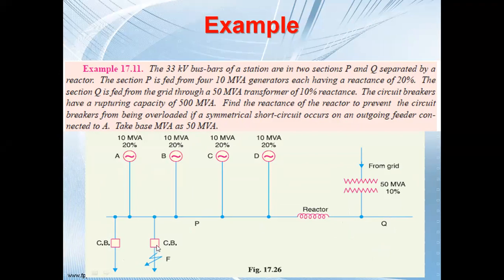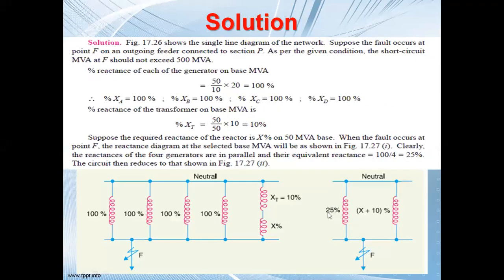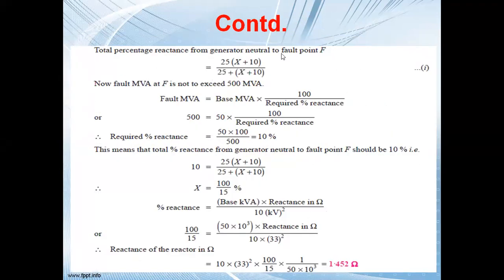That 500 MVA is the short circuit capacity, so this is the fault MVA. Base MVA we have chosen 50, and the percentage reactance we have just calculated.